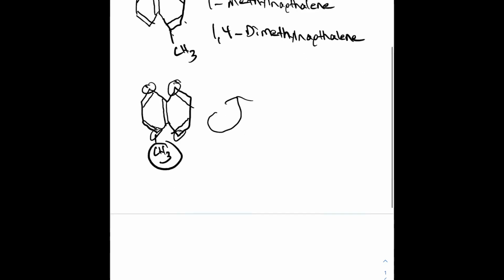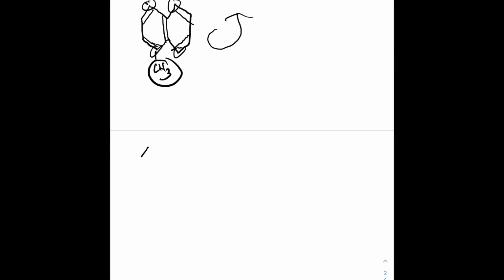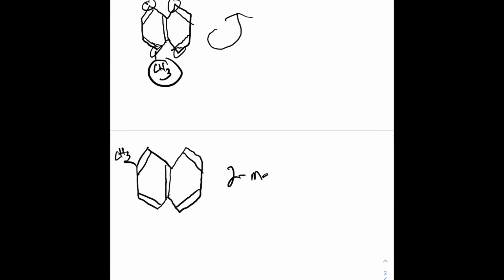Or let's draw another structure. So if I was to redraw this, like so. And if I put a methyl group, say on this carbon here, that would be 2-methyl naphthalene.